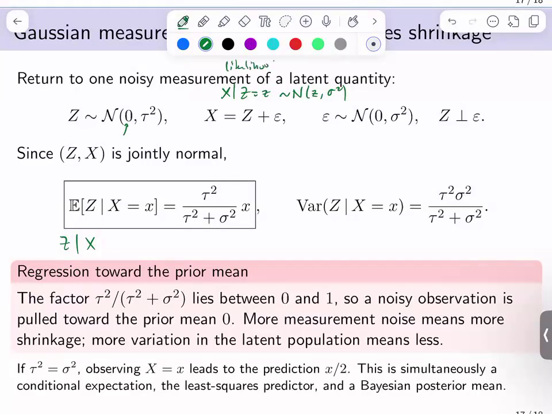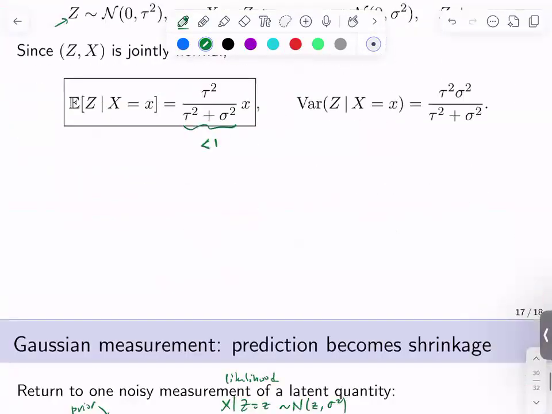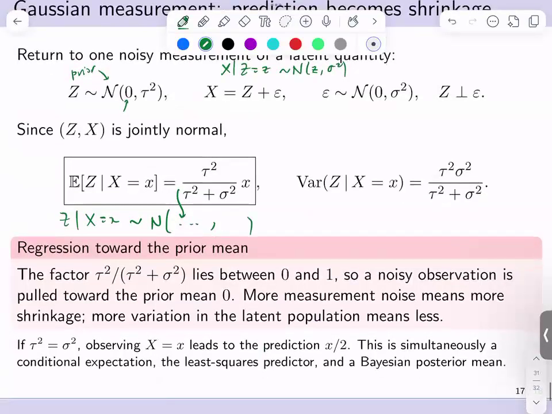If you go back to our discussion, this is the likelihood, this is the prior distribution. And then the posterior is going to be normal with this mean, and the variance you can compute, which is going to be this. So the posterior information is, once you observe x, how can you predict z, the unknown? And this is how you do it, okay?